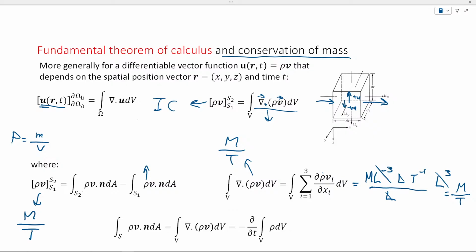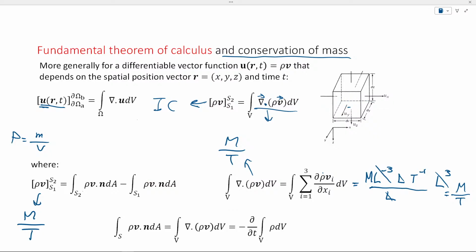So basically, you see from the fundamental theorem of calculus, we can, on our way to derive the conservation of mass, the law for the conservation of mass, which is basically telling you what this is telling you. Let me just explain what these two terms are.